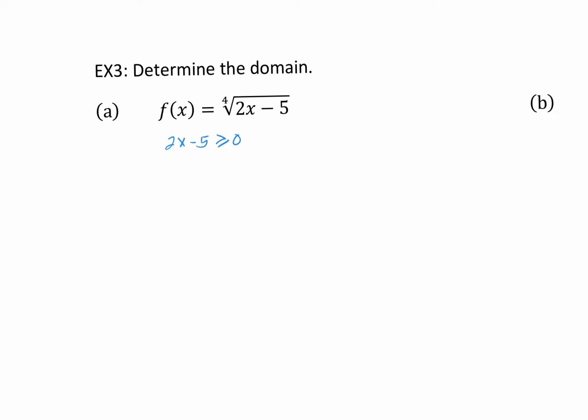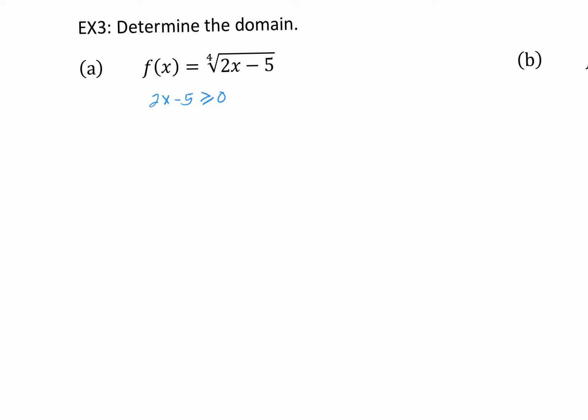Now in example 3, I have 2 examples with even roots. I don't have any examples of finding the domain with odd roots, because remember, with an odd root, like a cube root, you can have negative numbers underneath, positive, 0. Doesn't matter, domain's going to be all real numbers. So now here, isolating the x by adding 5 to both sides and then dividing by 2.